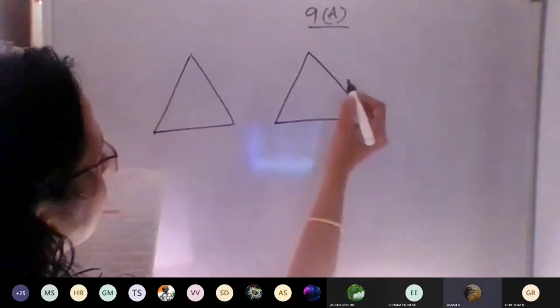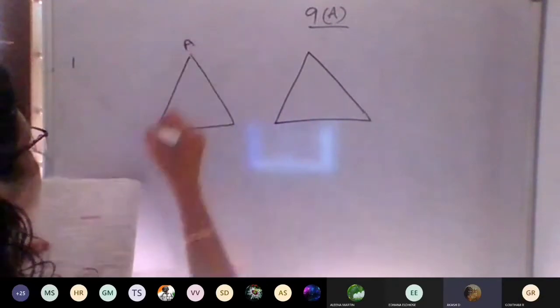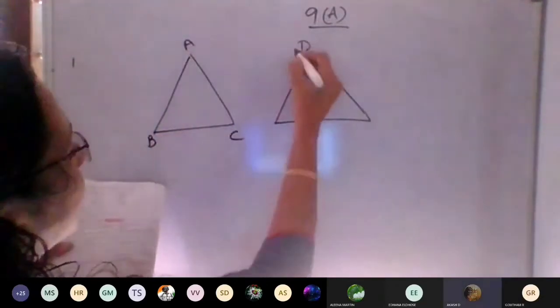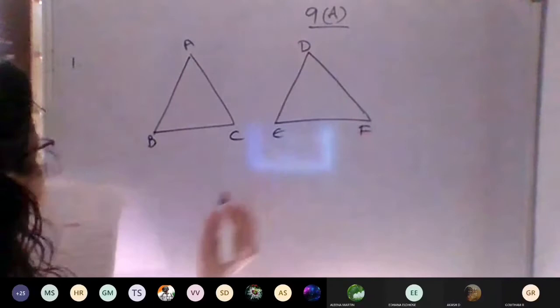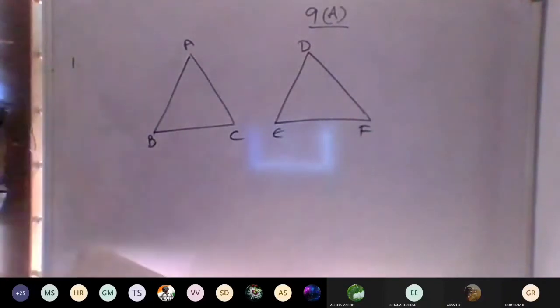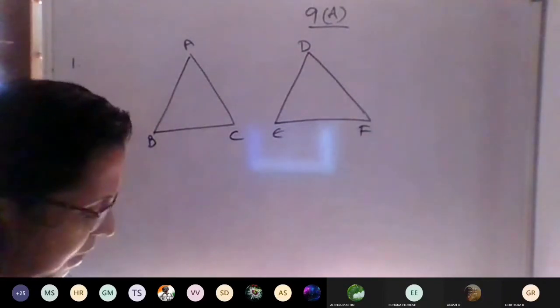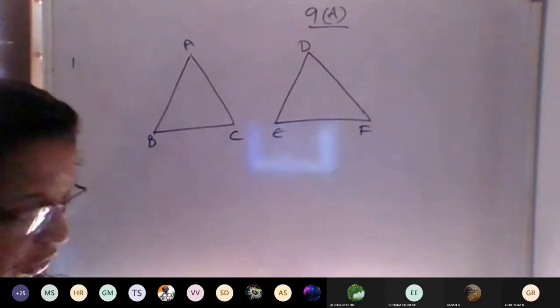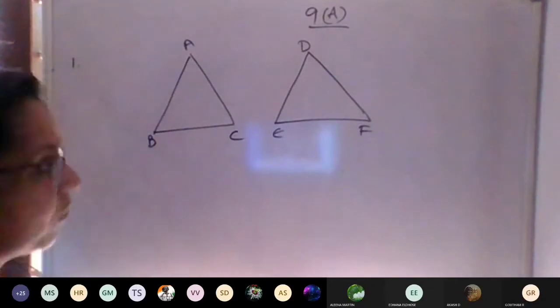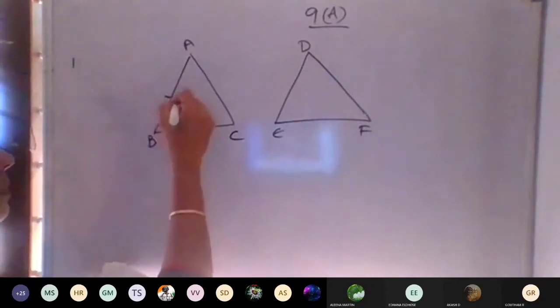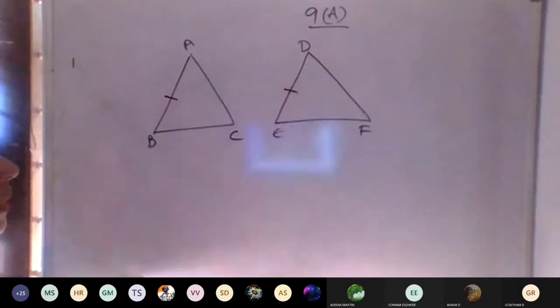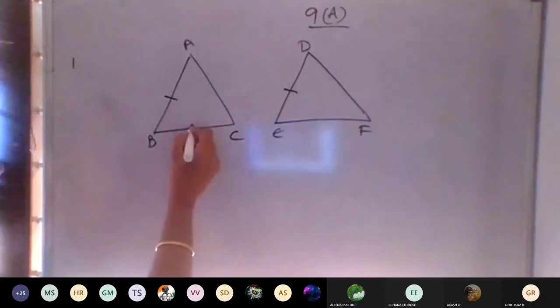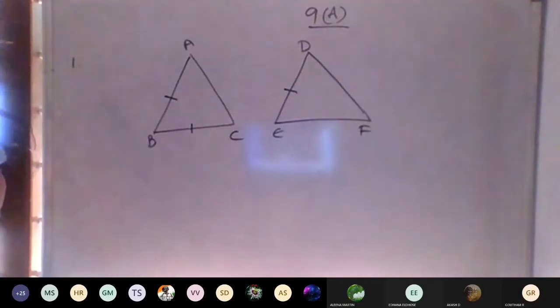A simple figure is enough: triangle ABC and triangle DEF. Given AB is equal to DE, so draw one line on each, that means the two are equal. Then BC is equal to EF. Can we draw one line here?